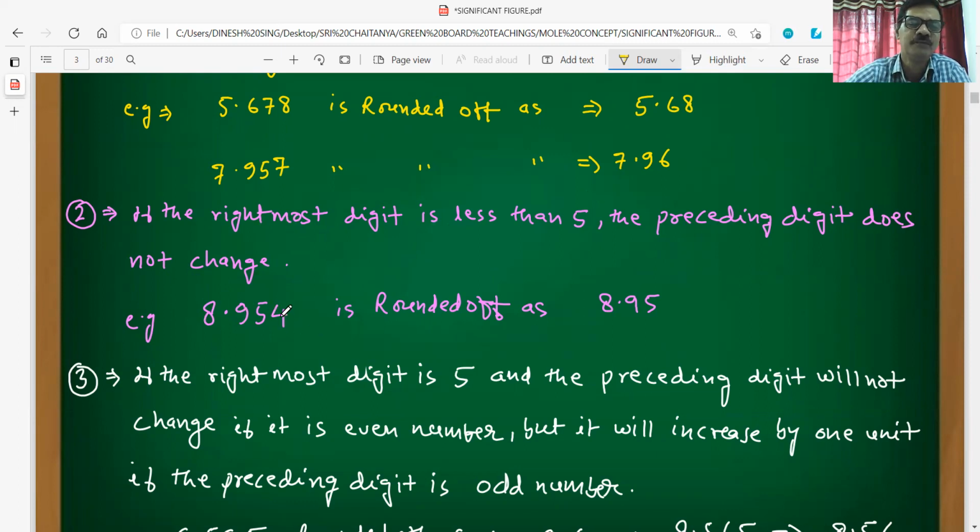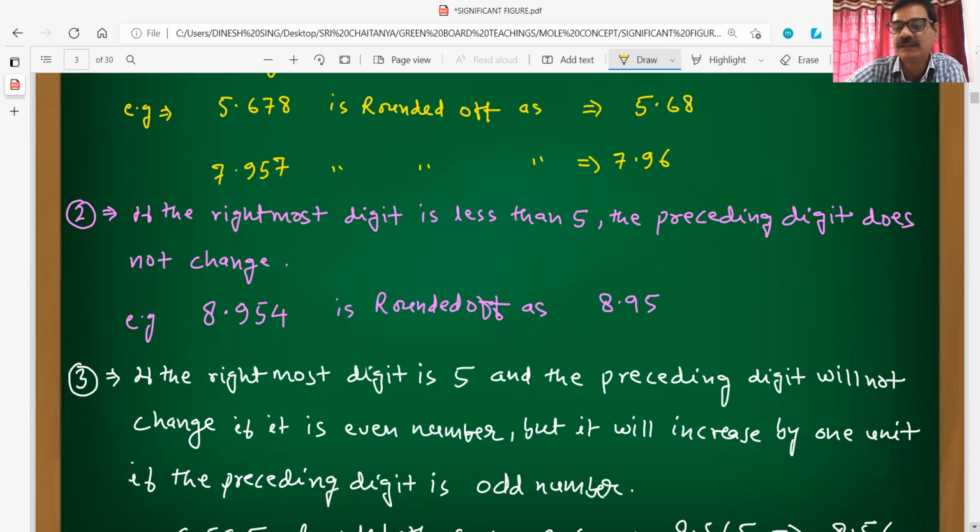Here 4 is rounded off. Since this digit 4 is less than 5, the second last digit will not be changed. That will remain as it is. So this will be 8.95.